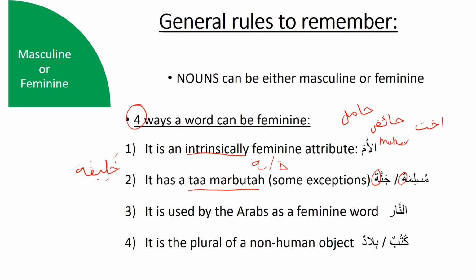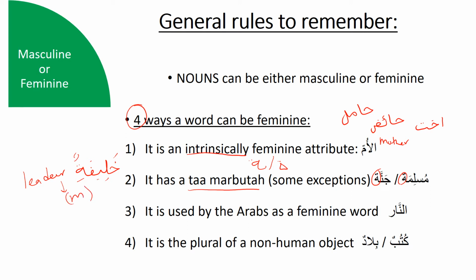Khalifa means the leader, and especially it's used in an Islamic sense, like the leader of an Islamic empire or the Islamic state. And the khalifa is always going to be a male, so even though the khalifatun has a ta marbuta on it, we would still say al khalifatu aminun and not aminatun, because the Khalifa is a male.